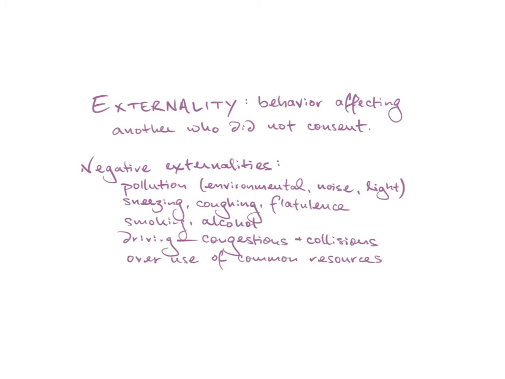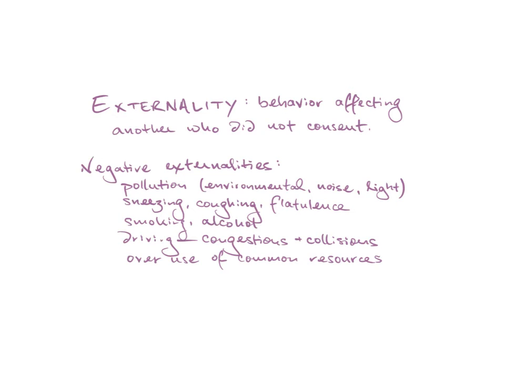Driving creates externalities. If there's one thing that you all do on a regular basis that really causes externalities to other people, it's driving. And there are two types of externalities. One are the collisions. Okay? I mean, whenever you get on the road, you put other people at risk of collisions. Okay? And that's a problem.